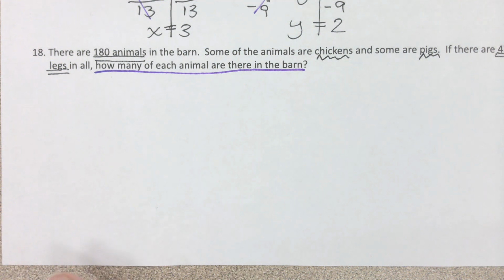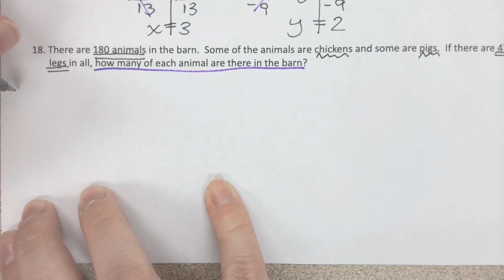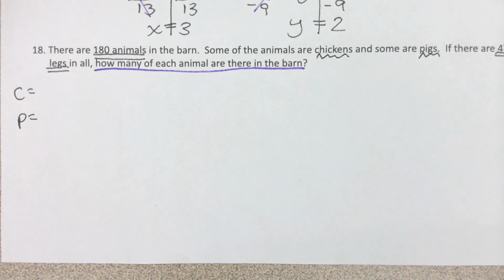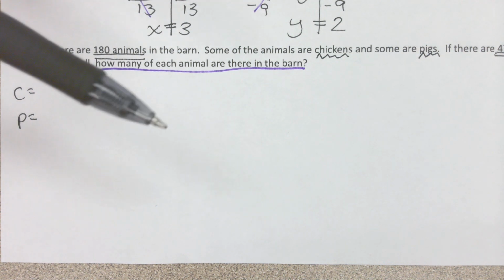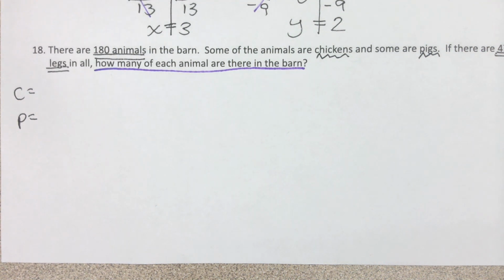So first let's define variables. We're talking about chickens and pigs, so this is pretty easy to pick from. C for chicken, P for pig. On top of that, you have to be specific. What about the chickens or the pigs? Well, this is not the kind of problem where we are selling them to other people or selling their meat, whatever the reason is. So there's not going to be a price attached to animals. Remember, most of the time in these problems, your variables either represent a price or cost, or they represent the number of that item.